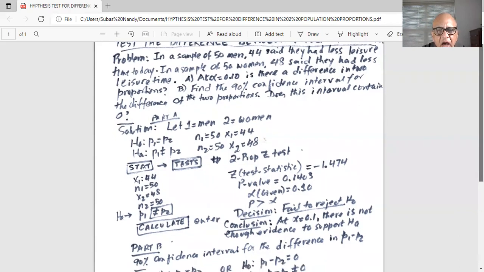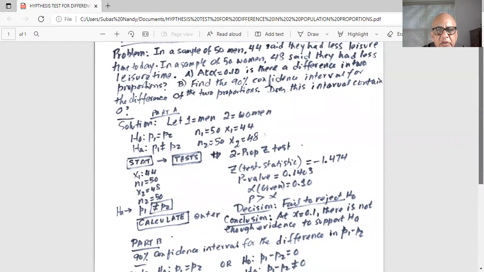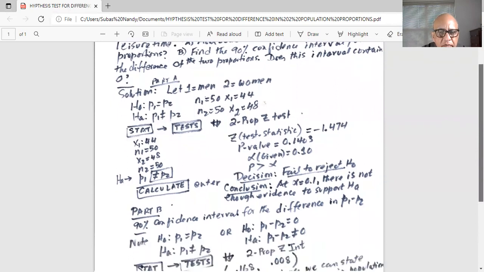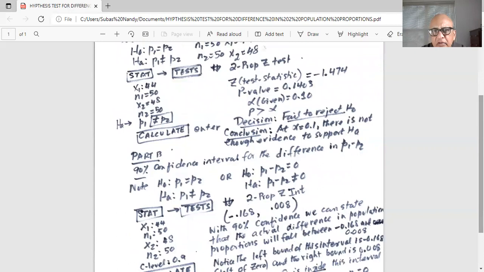Part B, they have asked us to calculate the 90% confidence interval for the difference of the two proportions. Okay, so note our null hypothesis in part A was P1 equal to P2 and the alternate was P1 not equal to P2.